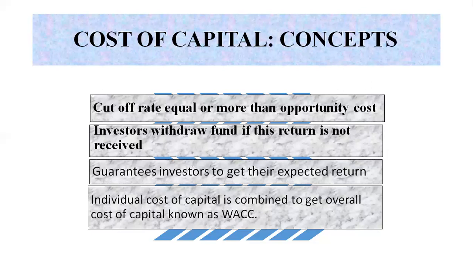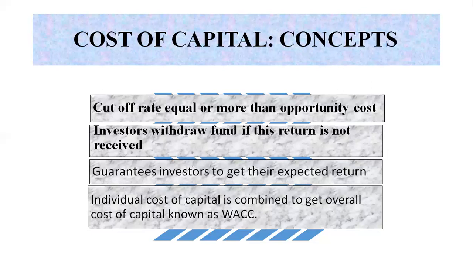So now see what is cost of capital. When an investor has invested money in the business, he expects some minimum return from the company. If this return is not earned, then they will withdraw the money and invest it in other profitable opportunities.